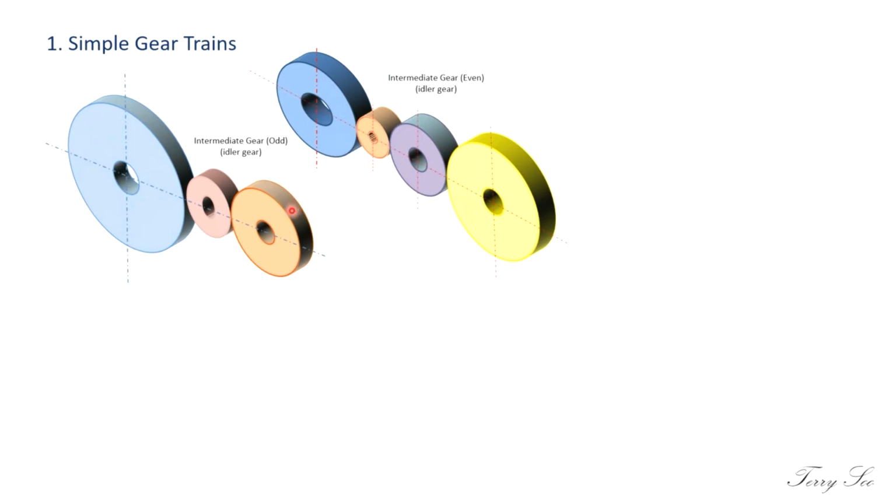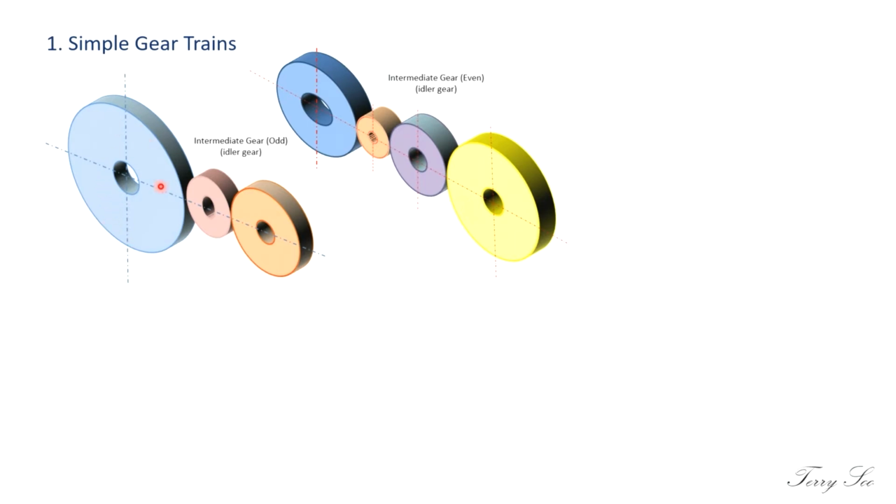So let's say you choose the orange gear to be the driver, then the motion of the gears will be from the orange gear to the brown, and then to the blue.